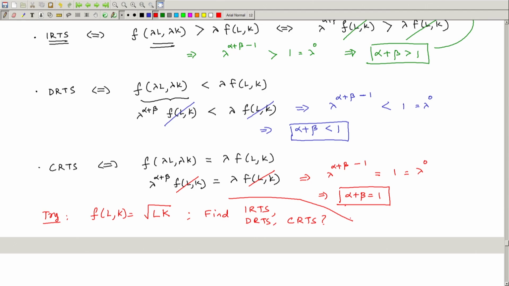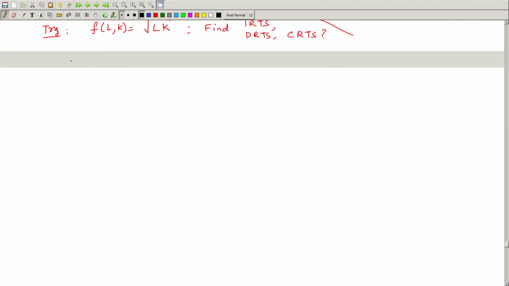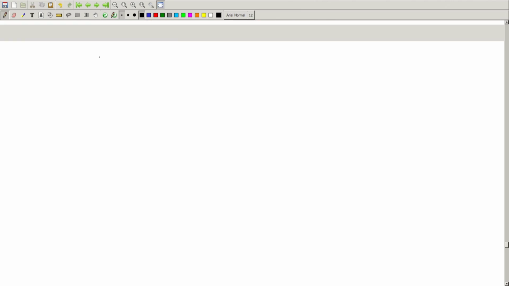So, you should try this example where f of L k is square root of L k and convince yourself what is happening to the new output. Does it increase by more than a factor lambda, less than a factor lambda, or exactly equal to the factor lambda, right. And as I said, returns to scale will become very useful once we get into market structures a little later in the course.